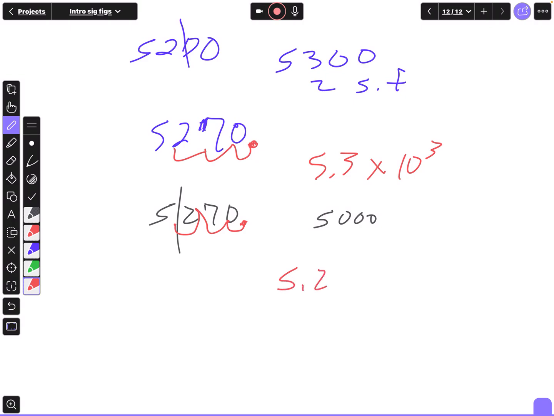That would become 5.270 times 10 to the third. However, I wanted to have one significant figure. I would have to cut it off here, and I could just write it this way: 5 times 10 to the third. And 5 times 10 to the third is the same number as 5,000. So you can always put it in scientific notation if it makes it easier to round a number.